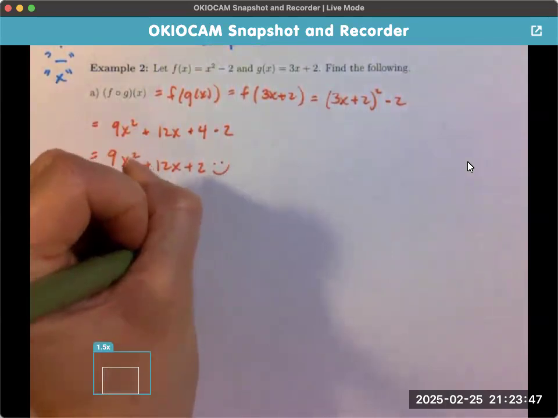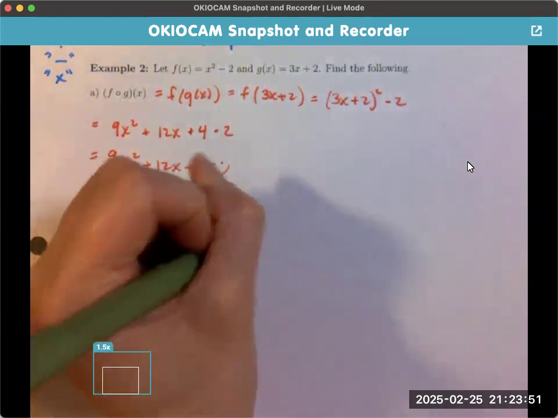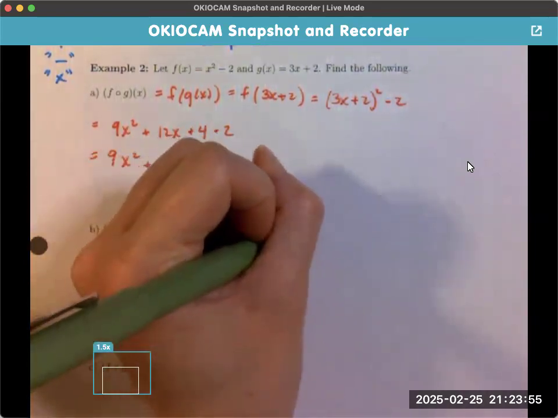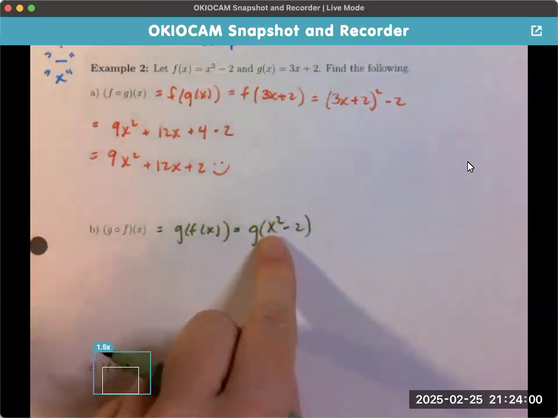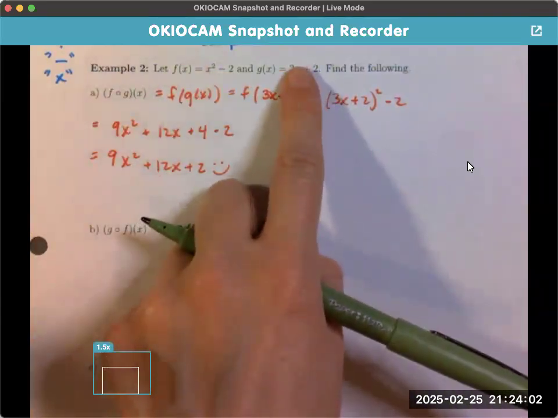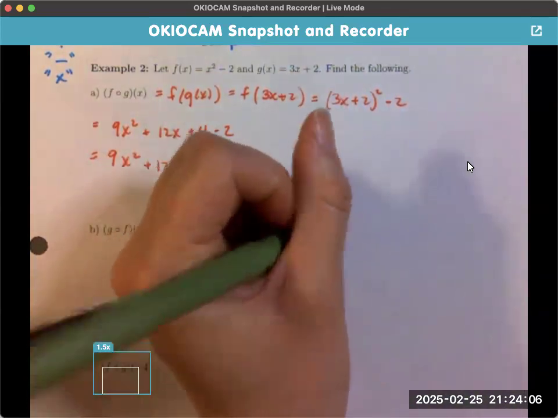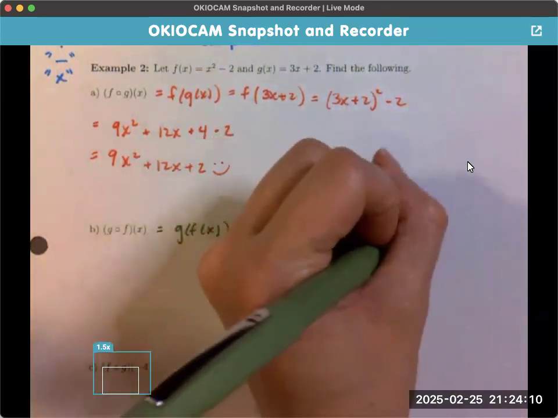Write it in composition notation. So G of f of x, right? So this is G of x squared minus 2, because that's what f of x equals. Now for G, wherever there's an x, what are we inputting? x squared minus 2, perfect. So 3 times (x squared minus 2) plus 2.